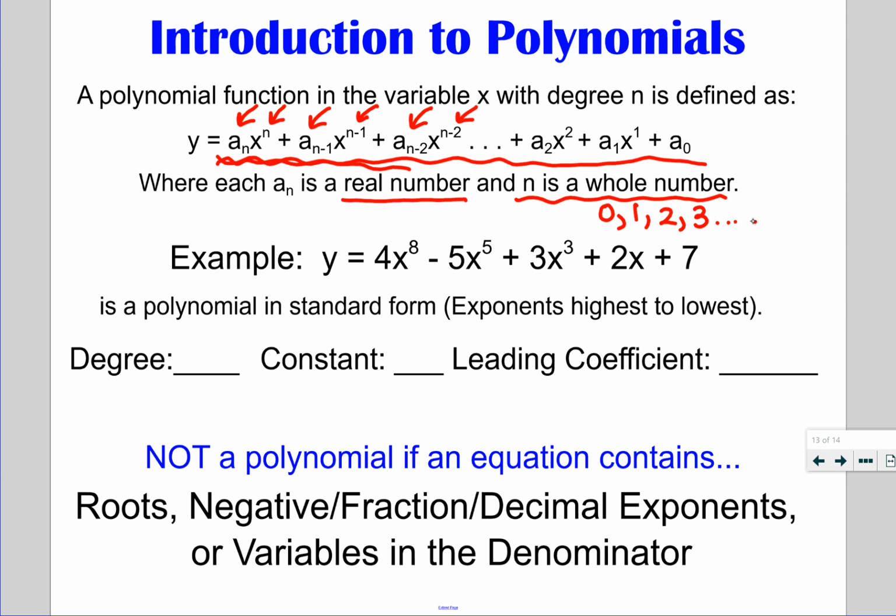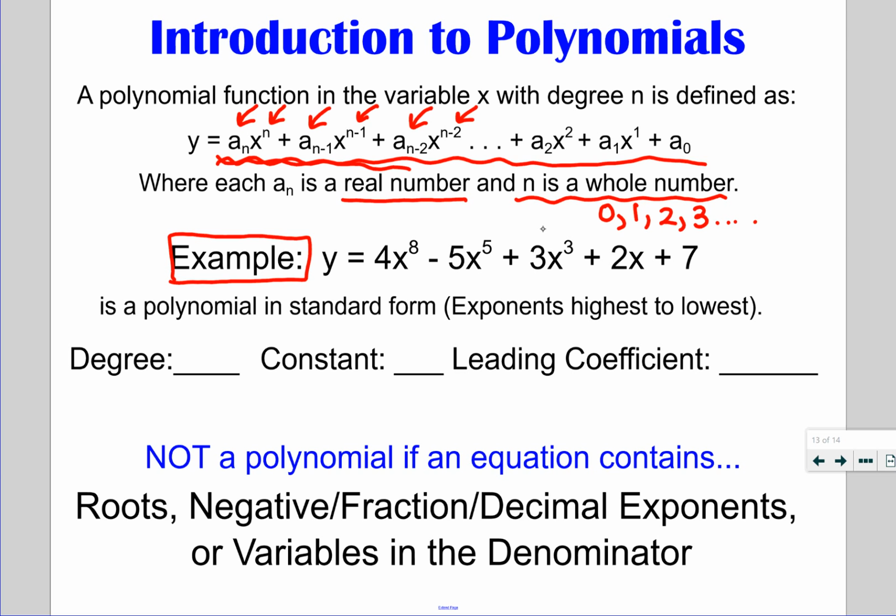So what this means is a polynomial is going to look like a number times a variable to a whole number power, plus or minus a number times a variable to a whole number power, etc. And this is an example of one. So you can see I start out with a coefficient 4 times a variable to a whole number power 8. And then it's minus here, but you can think of it as plus a negative. A coefficient times a variable to a power.